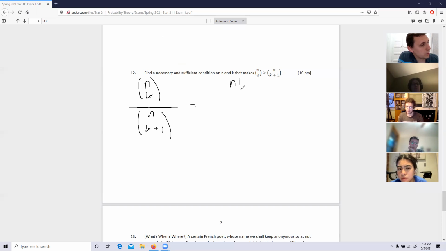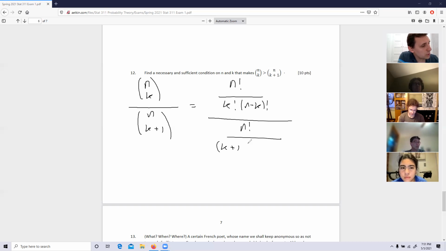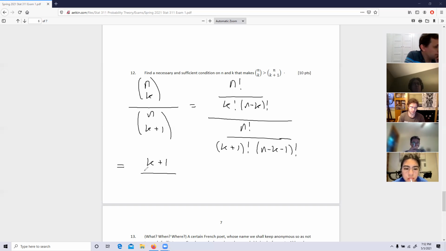This is n factorial over k factorial n minus k factorial divided by n factorial over k plus 1 factorial n minus k minus 1 factorial. And when you simplify this thing, you get k plus 1 divided by n minus k, which is bigger than 1.